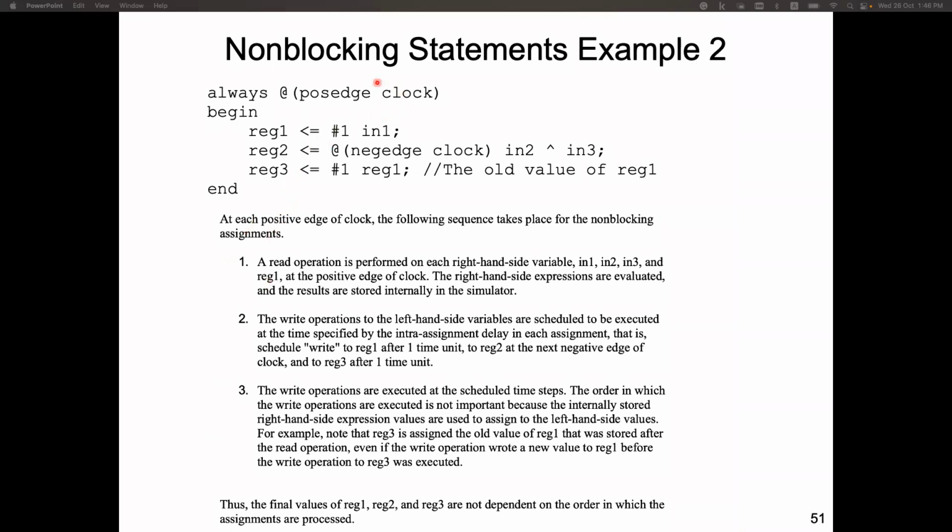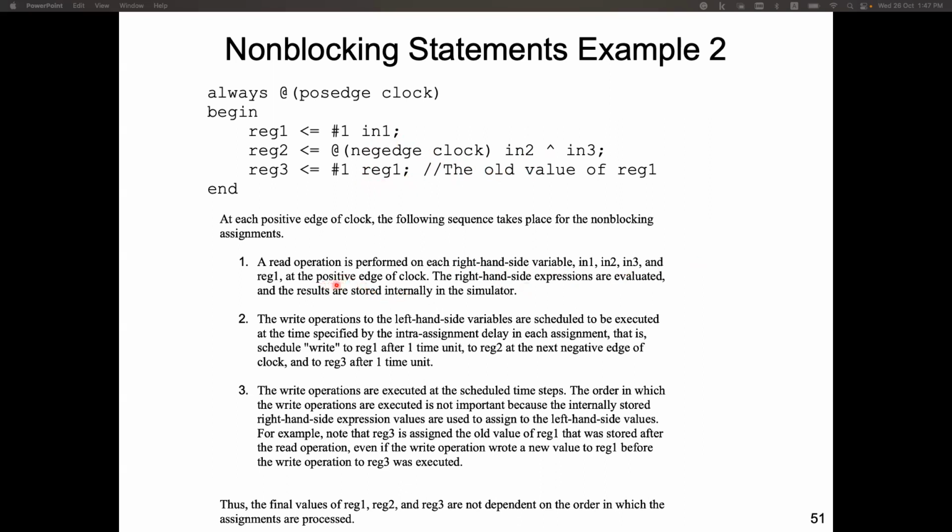So at each positive edge of the clock, the following sequence takes place. First, for line 1, a read operation is performed on the right-hand side variables, including in1, in2, in3, and register 1.